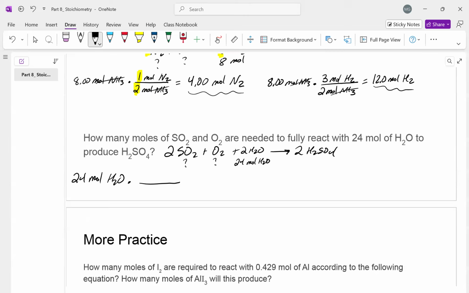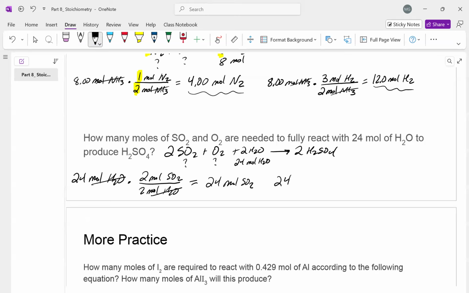So the equation says 2 moles of water will react with 2 moles of SO2. So that comes out to 24 moles of SO2. Now, how about oxygen?